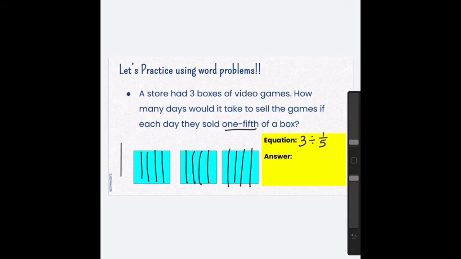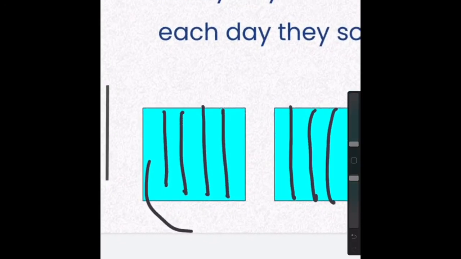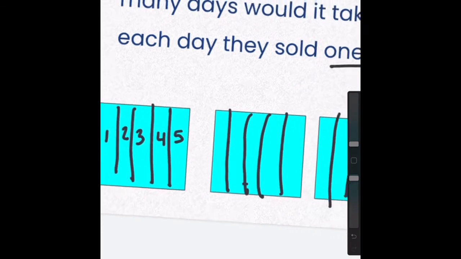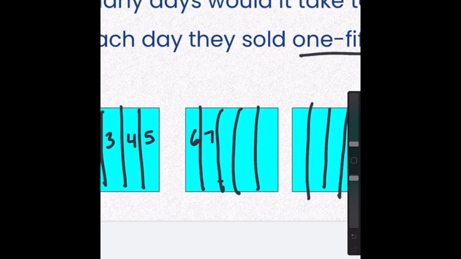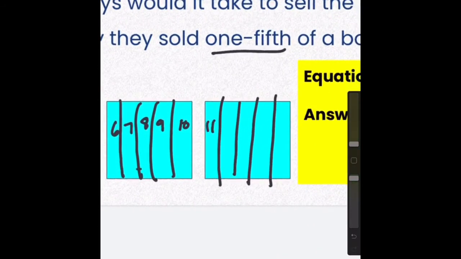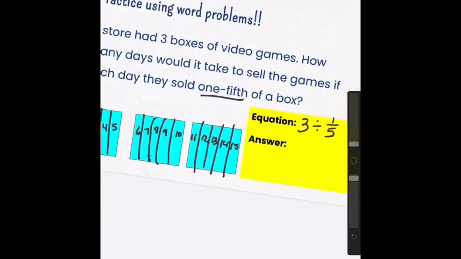Now, how do I find my answer? You find your answer by counting each individual box. So that's 1, 2, 3, 4, 5 over here. 6, 7, 8, 9, 10, 11, 12, 13, 14, 15.